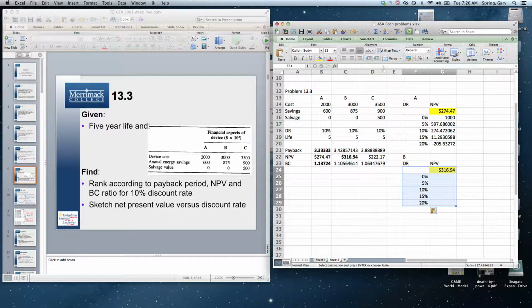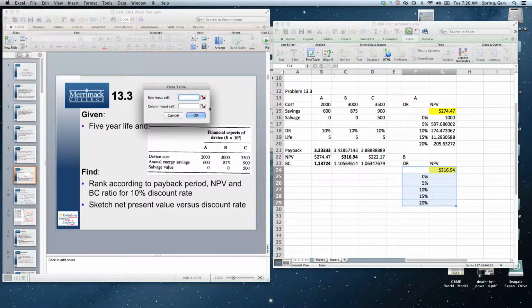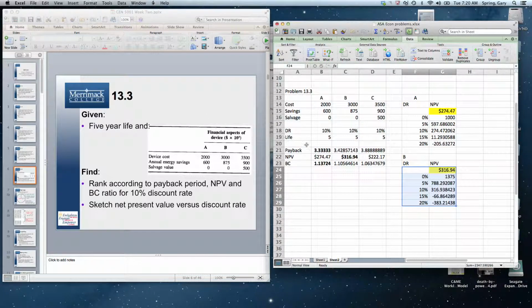And I'm going to do the same what if data table. And again, what's the input to fill in this column? And it is the discount rate. And again, notice that the 10% is the same value. Okay, that's it.